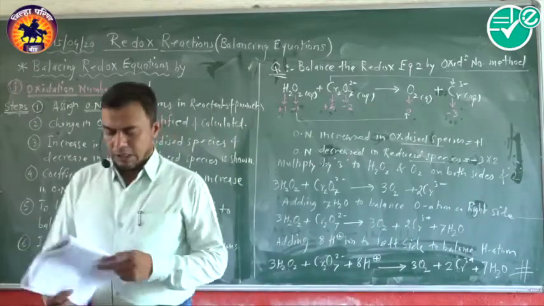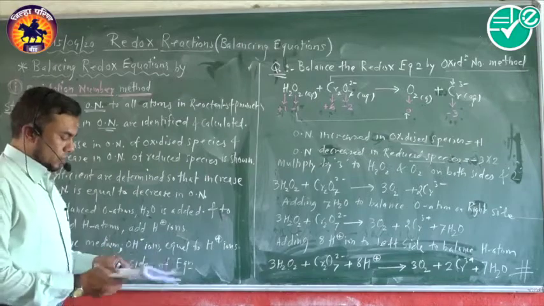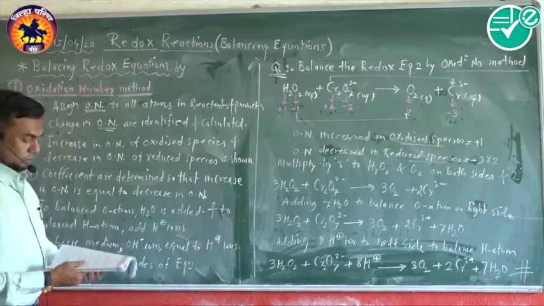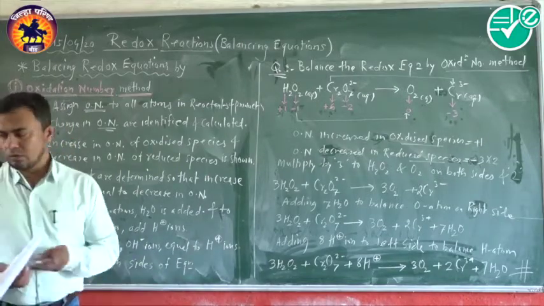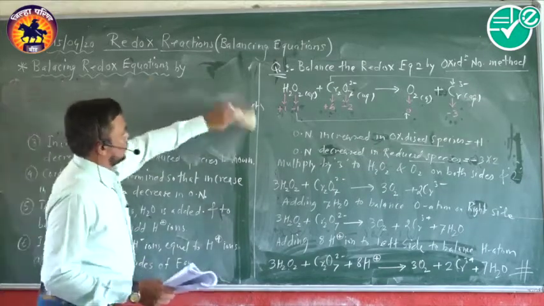Similarly, other redox equations can be balanced with the help of the oxidation number method. So I'll give you one more example to balance the redox equation.